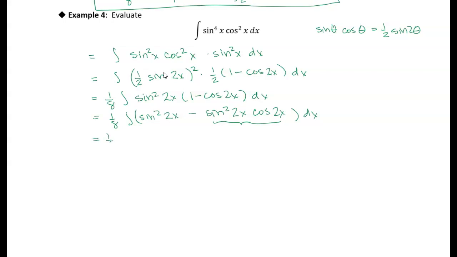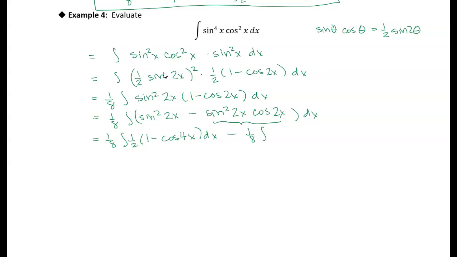I'm going to have 1/8 integral of, and I'm going to replace this sine squared of 2x with 1/2 times 1 minus cosine of 4x, dx. And then minus, I'm going to distribute the 1/8, so I still have this 1/8 here, the integral of, and now I'm going to do substitution.